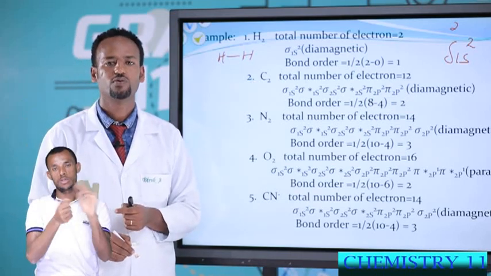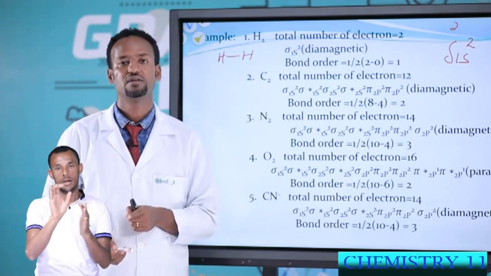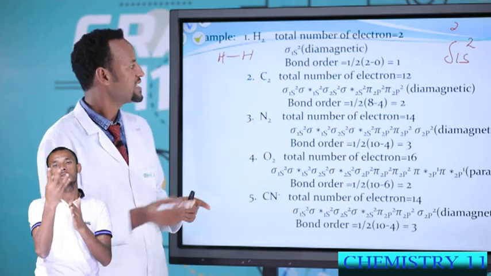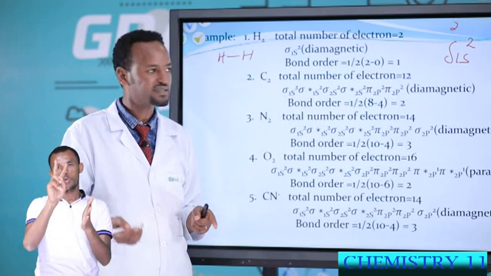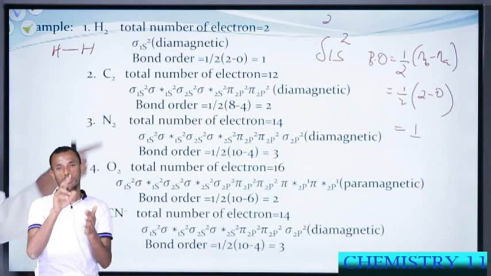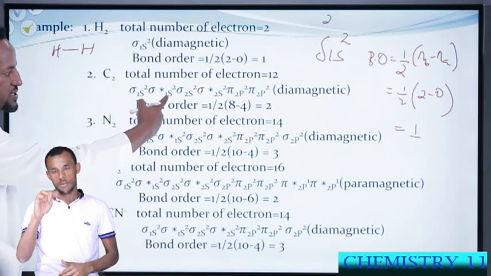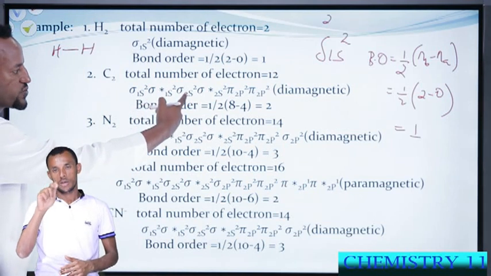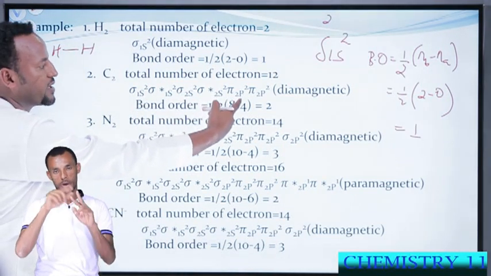Example 2, C2. C2 is two carbons. You know carbon's atomic number is 6. 6 plus 6, 12. The electron configuration is sigma 1s2, sigma star 1s2, sigma 2s2, sigma star 2s2, pi 2p, pi 2p.